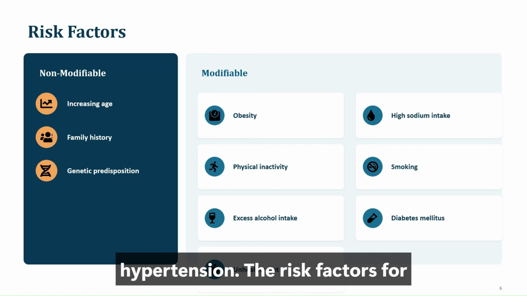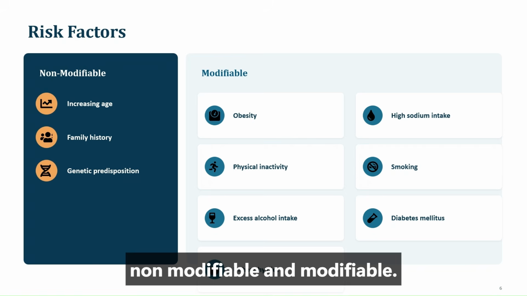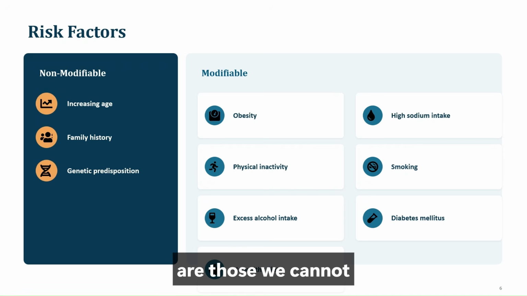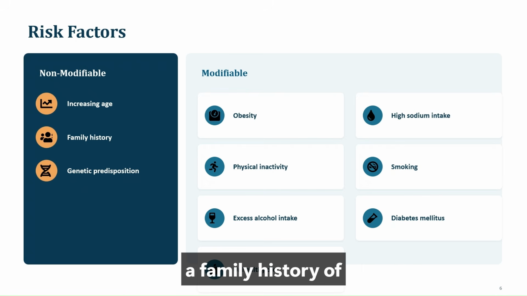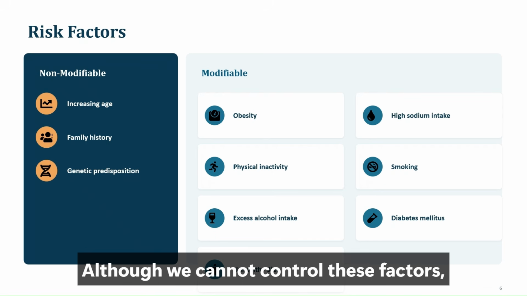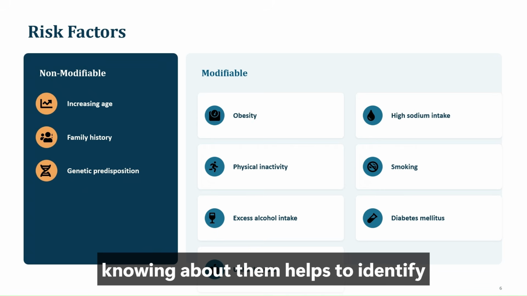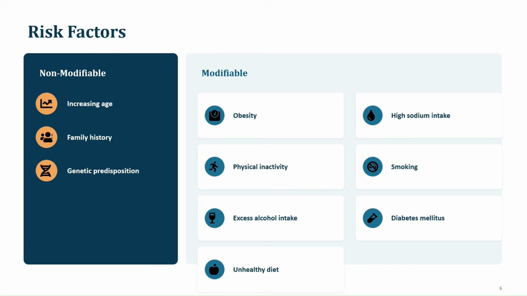The risk factors for hypertension are divided into two groups, non-modifiable and modifiable. The non-modifiable risk factors are those we cannot change. These include increasing age, a family history of hypertension, and genetic predisposition. Although we cannot control these factors, knowing about them helps to identify people who may need closer monitoring.